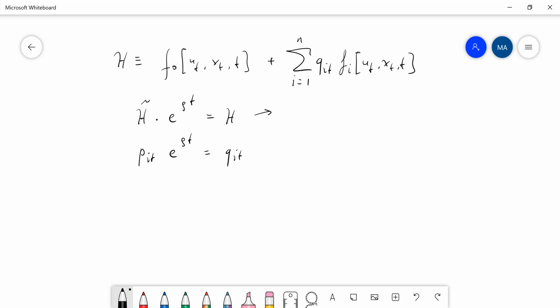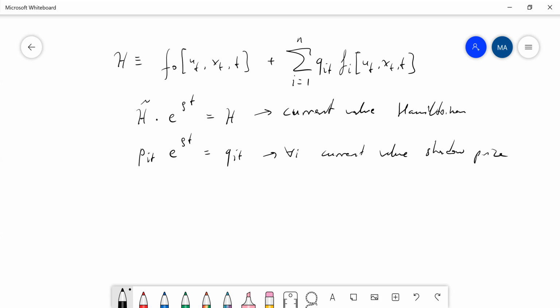So this is the current value Hamiltonian, and this is, for all i, the current value shadow price. Now the first order conditions can be written in terms of H and q.